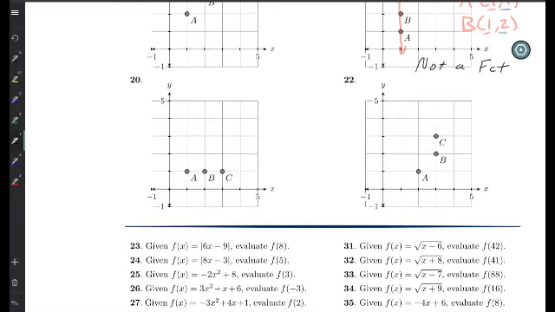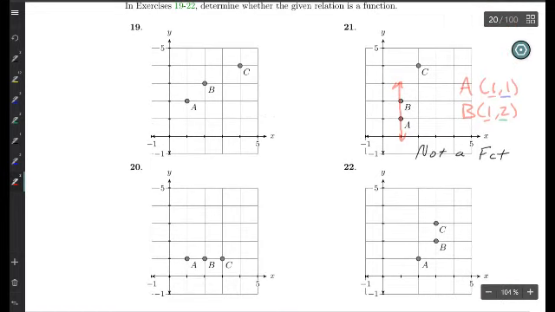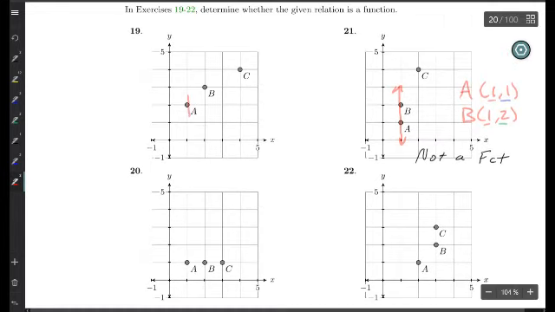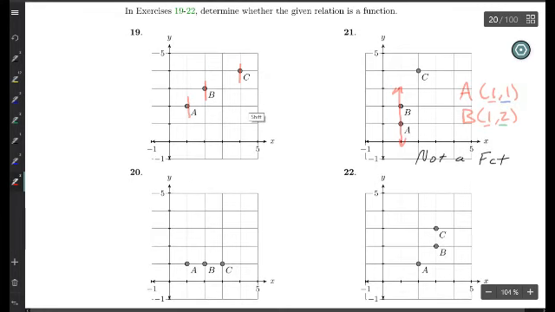Whereas, say here, we have vertical line, vertical line, vertical line, all going through one point. So this is a function.